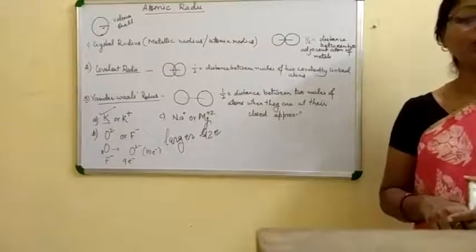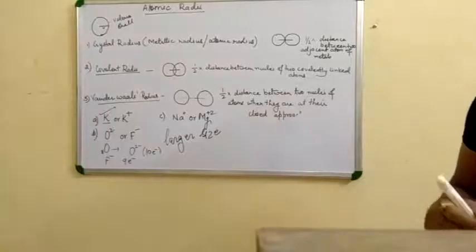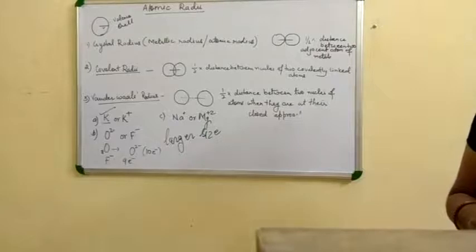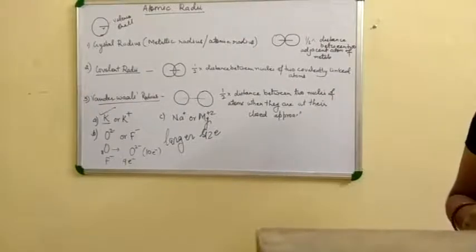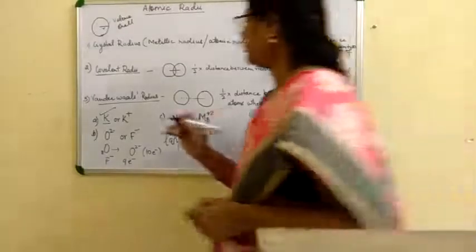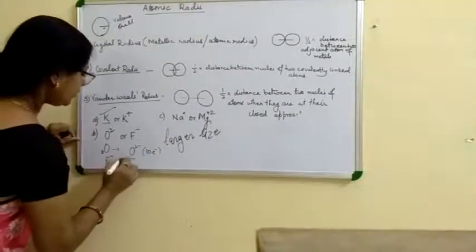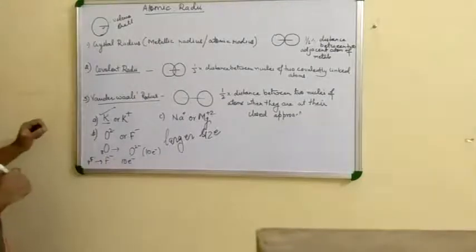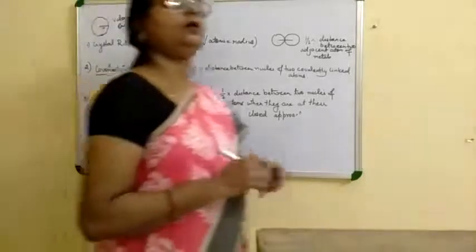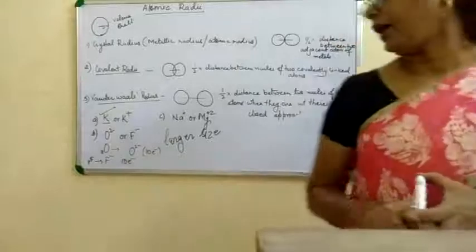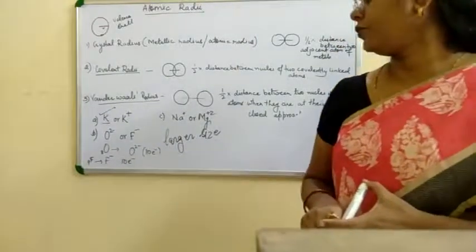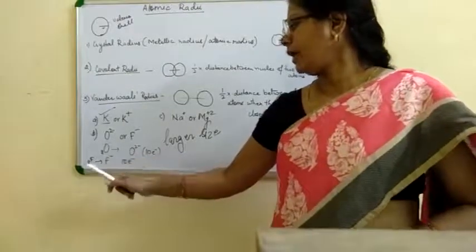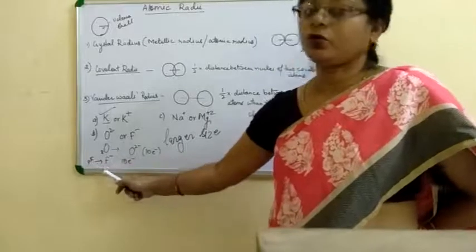This is because both contain the same number of electrons, but the oxide ion has less number of nucleons, as it contains only 8 protons while fluoride contains 9 protons.